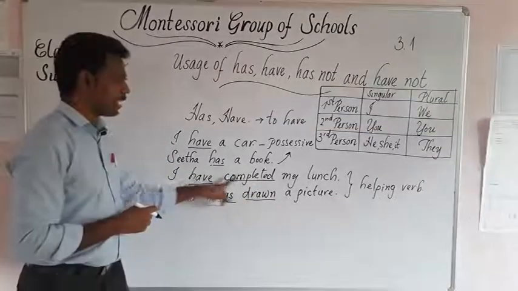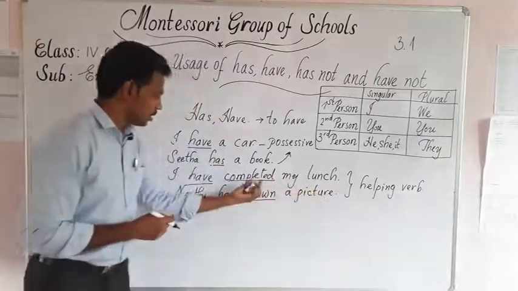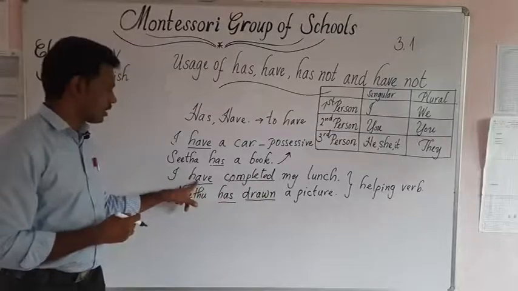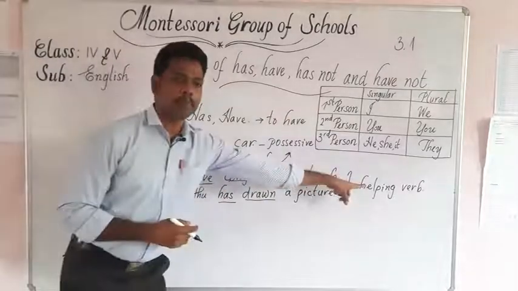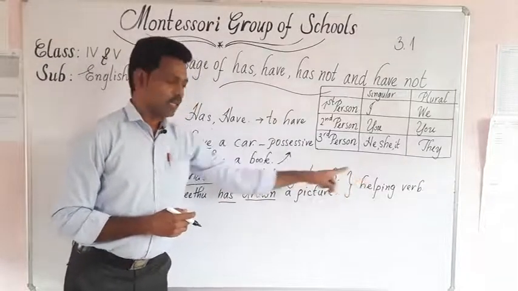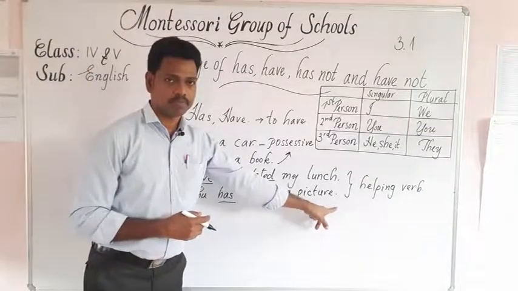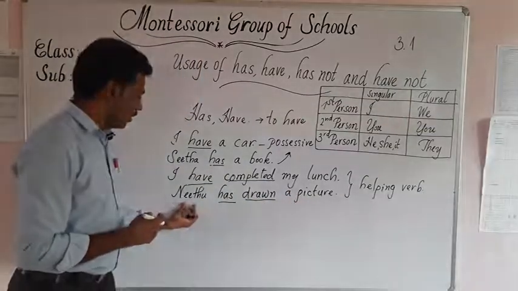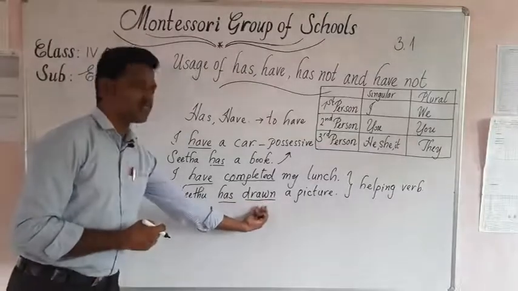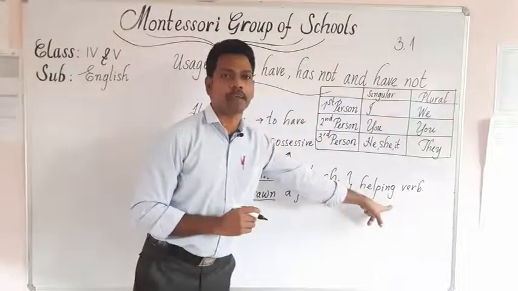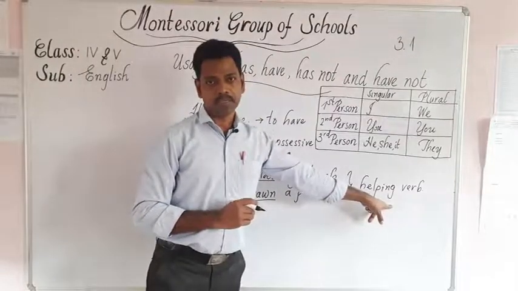Here the word have stands for helping verb. Likewise, Neetu has drawn a picture. There, the verb is drawn. So here has is acting as a helping verb.